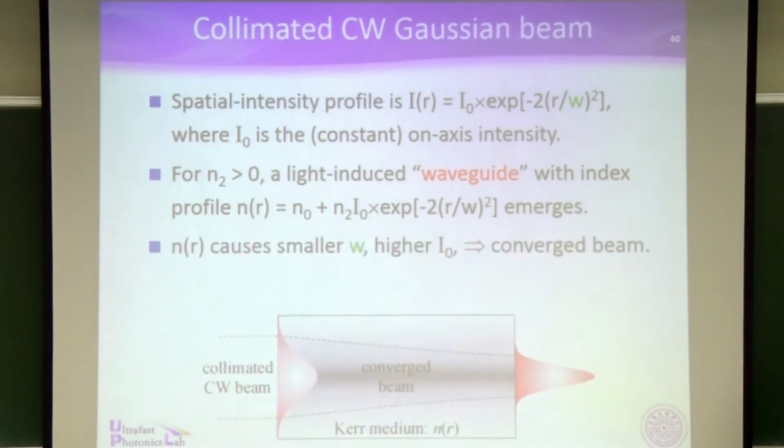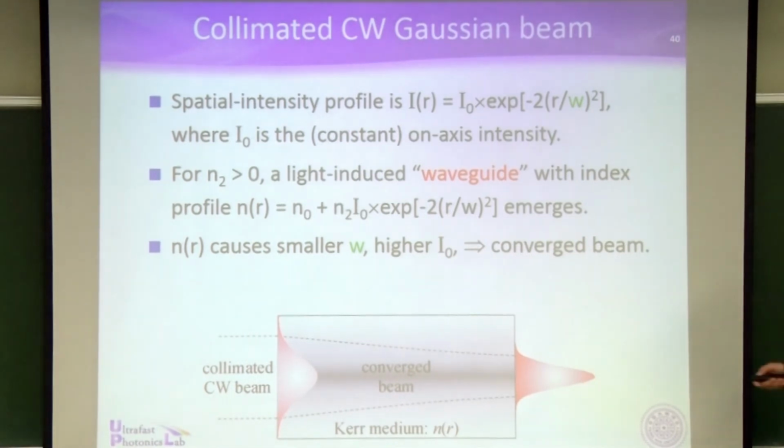So that is what I intend to show you, just like this figure. Without the material, your input is a collimated CW beam, so the beam radius does not change with propagation. And in the middle, you have a Kerr medium. Because of the optical beam together with n2, the optical Kerr effect, now you have a natural waveguide.